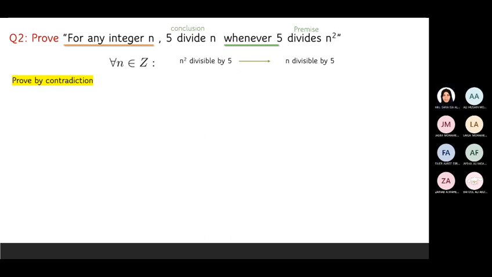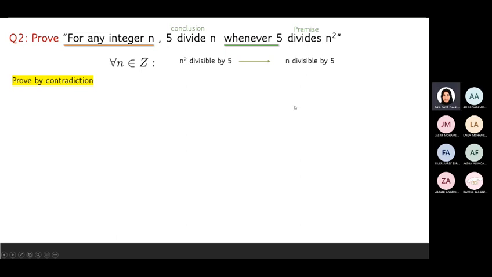Your task is to find a contradiction within your assumption. So here I am assuming the negation. What is the negation of the statement? The statement said for all n belonging to Z, n square divisible by 5 implies n divisible by 5.